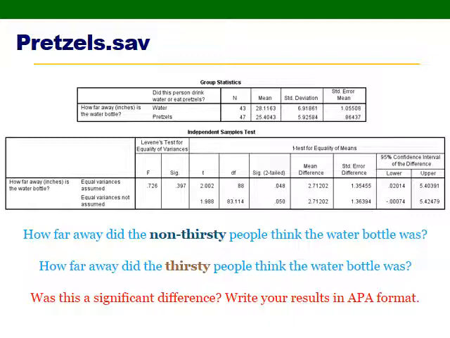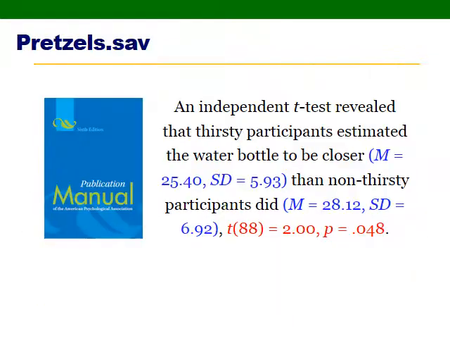Because 0.048 is less than 0.05, we can say that we have found evidence of a significant difference. The people who drank water estimated the bottle of water to be farther away compared to the people who ate pretzels. The thirsty people saw the water bottle as closer.